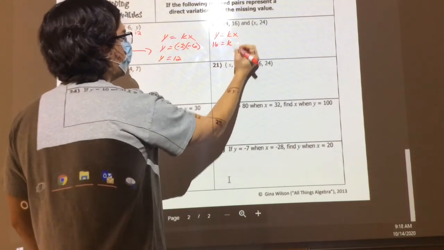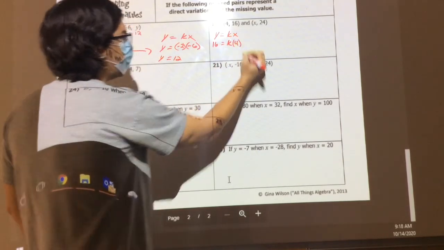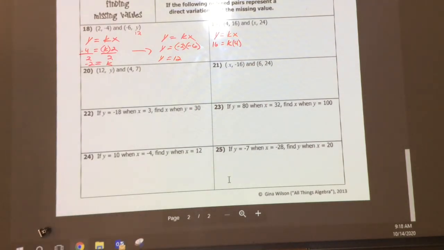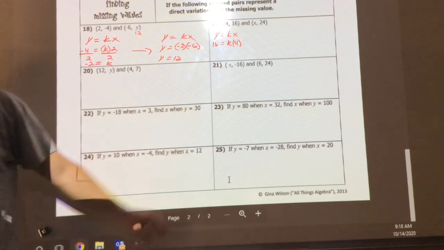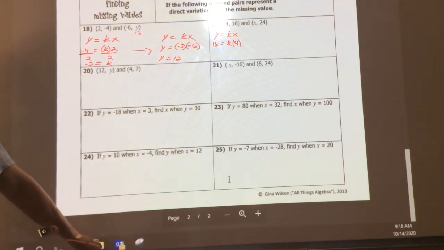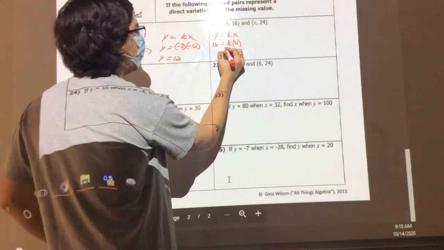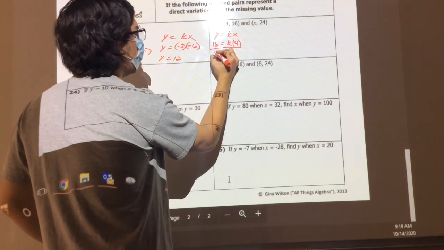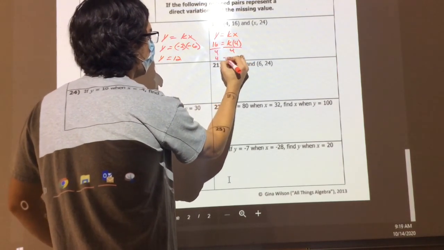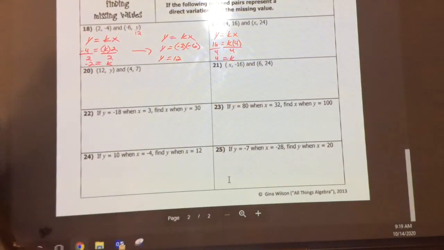What's my x value? What am I looking for in this problem? Right here, what am I trying to solve for? How do I get k by itself? Divide by 4. That gives me that 4 is equal to k.